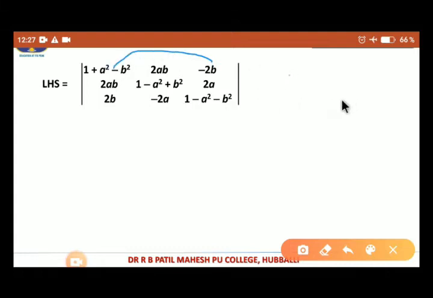And another operation: if you multiply a to this 2a, then add this term to this term, we again have 1 plus a square plus b square. So these two operations we are going to do here.